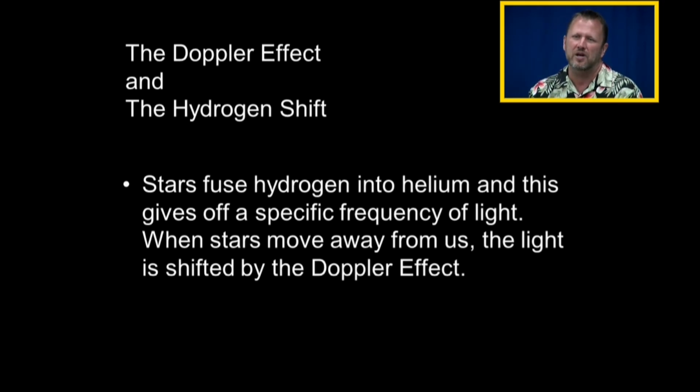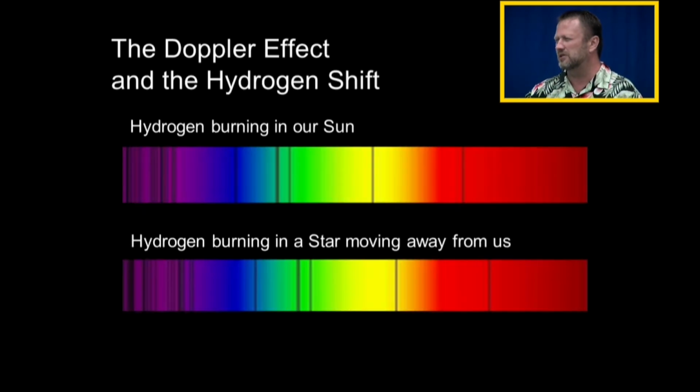We can see it in our sun, and we can point the telescopes at the stars and see the same thing happening. However, when we point the telescopes out, we see the stars moving away, and we can tell they're moving away because that frequency of light that happens when the hydrogen is being fused into helium changes its frequency. And so we call that the red shift, the hydrogen shift, and it's the Doppler effect.